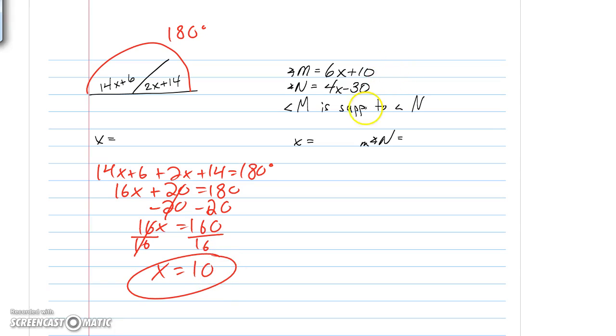And the last one. Again, m is supplementary to n, so that means these two angles combined make 180. So our setup would be something like 6x plus 10 plus 4x minus 30 equals 180. Combine like terms.